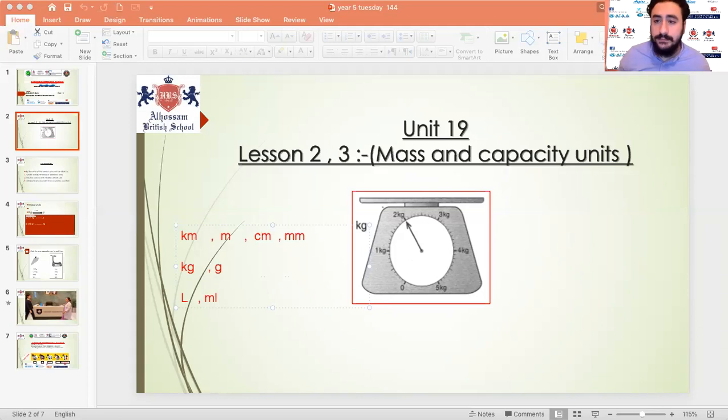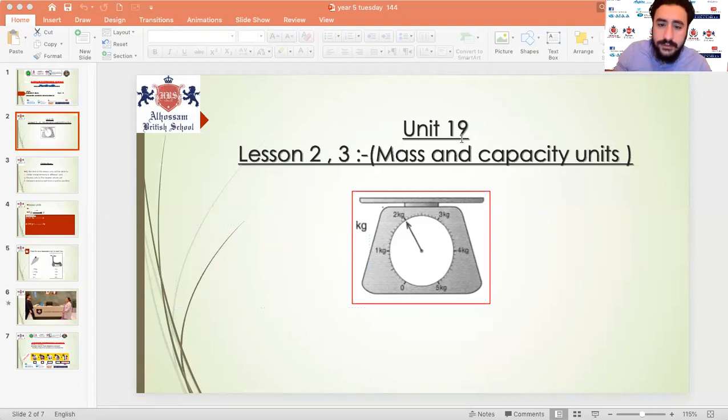That's it, and it's the same, 1,000. Please keep them in your mind because we're going to take the same kind of questions we took in length: how to convert from one unit to another, how to order the units, and how to solve reasonable problems about units.